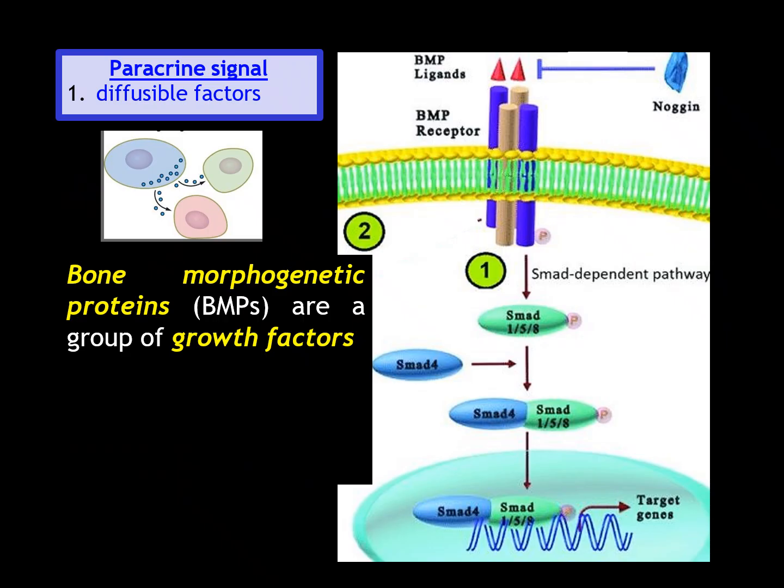Okay, so one example of a paracrine signal you can see here. Here is the line again, that is BMP, or bone morphogenetic proteins. And they are common growth factors. They have also other functions like cytokines and metabolic genes. I'm not going to ask you about those things.